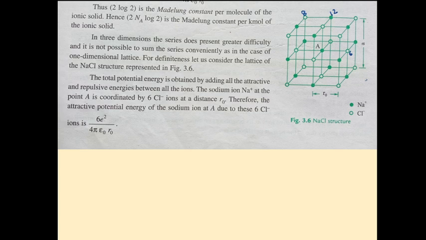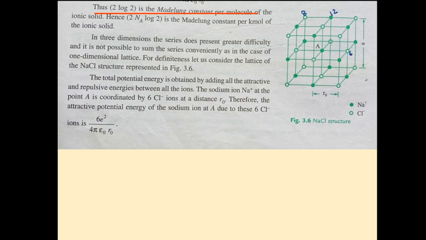Let us again sharpen up our main points. Twice log of 2 is nothing but the Madelung constant per molecule of an ionic solid, because right now we are just calculating one bond on either side of the 0th position of a sodium atom.